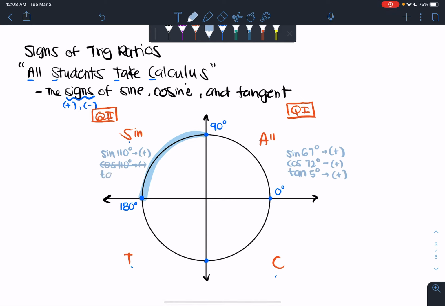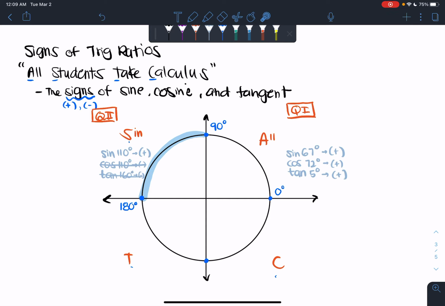What about tangent of 160? Tangent of 160 gives us negative 0.3. So again, the only ratio that is positive in Q2 is sine.